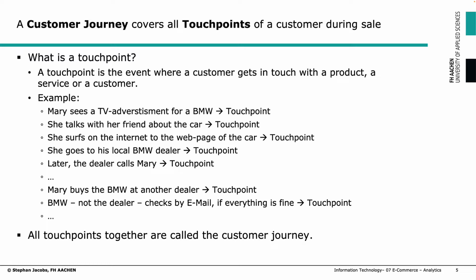The story continues. Mary buys a BMW at another dealer: touchpoint. BMW, not the dealer itself, checks by email if everything is fine: touchpoint. The story continues. All these touch points together, all these touch points belonging to one person and one product, are called the customer journey.